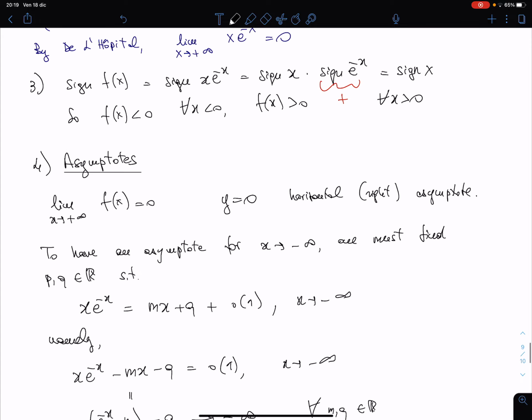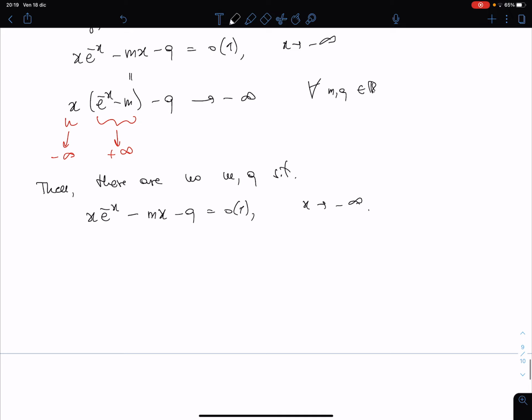And then at the end we have monotonicity. This is the last point to be investigated.